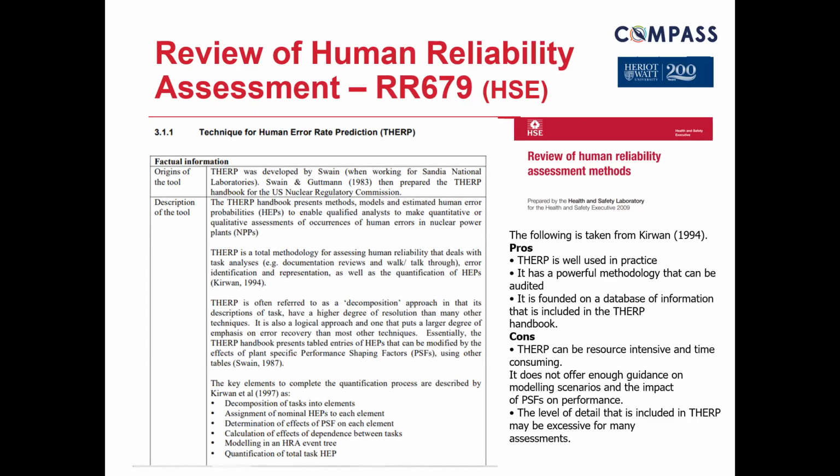So THERP was the first one, 3.11, and it seems to be accepted, particularly in nuclear, in three different countries, should I say. So because of that, I thought, well, it's readily accepted and used a lot. And then it uses others further down that are somewhat variations on a theme, but that human error rate prediction is common throughout.